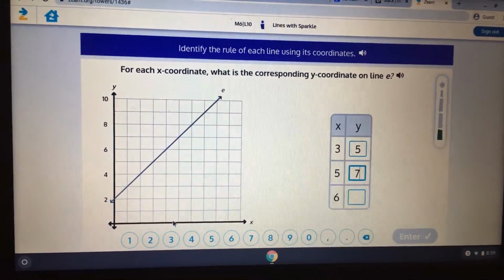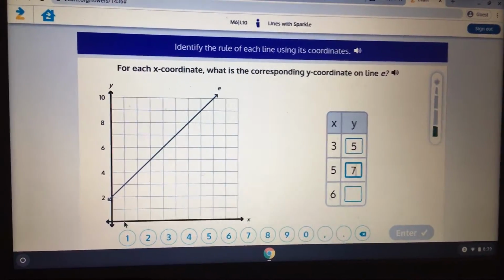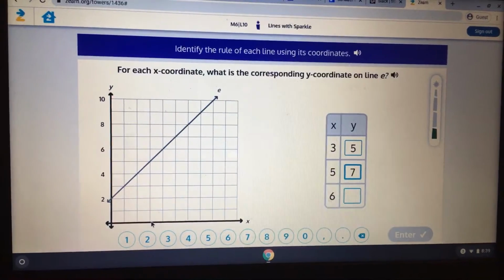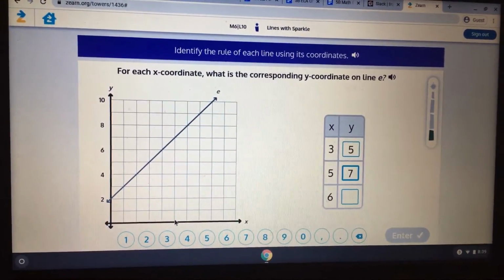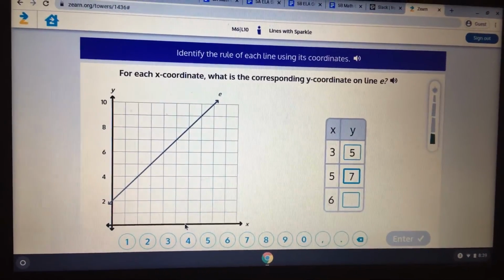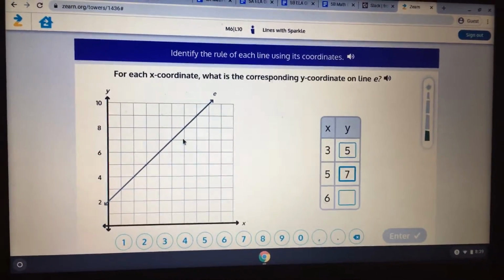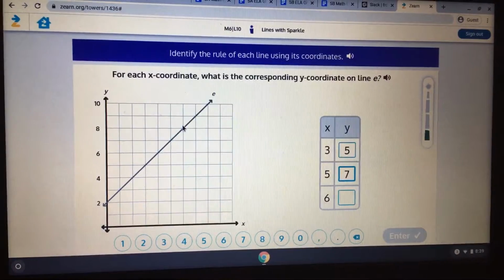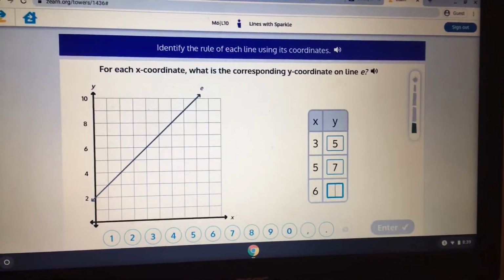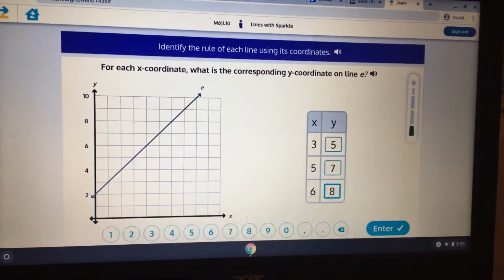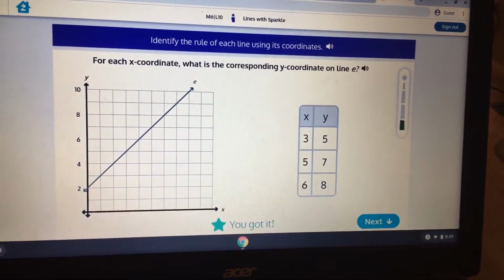Okay. And then we're here at 1, 2, 3, 4, 5, 6. So here's my 6. Again, I come up to meet my line. I'm right on the line this time, so I'm not at an odd number, I'm at an even number, and I get 8. So let's check our answers. Yes.